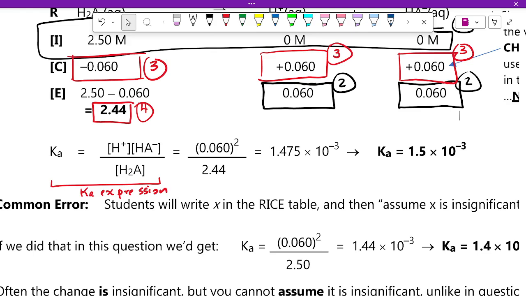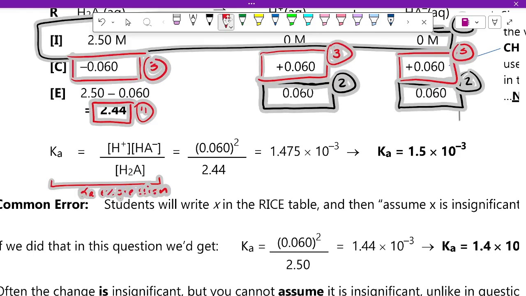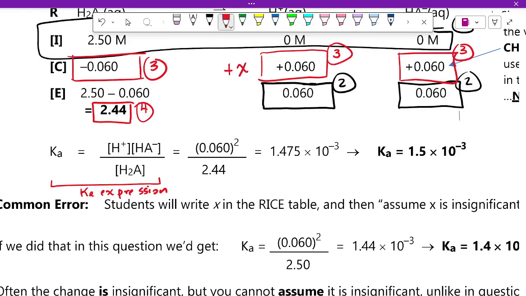One of the other reasons I want you to not write plus X is because sometimes students will write 2.50 minus X, and then they'll write assume X is insignificant.